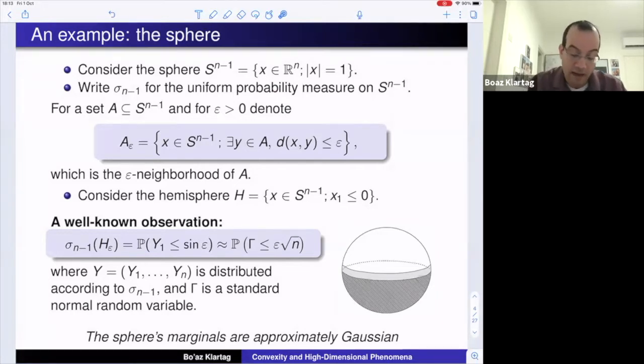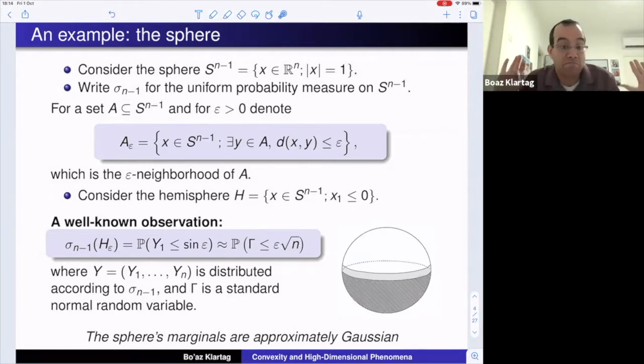Okay, and therefore we have this approximation: the measure of the epsilon neighborhood of the hemisphere is roughly the probability of a standard Gaussian to be at most epsilon times √n, right? You have this √n factor because the Gaussian over √n is approximately the first coordinate of y, the random vector on the sphere. Okay, good. Now, let's think of epsilon as being some small number but fixed.